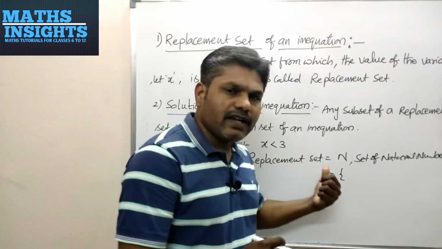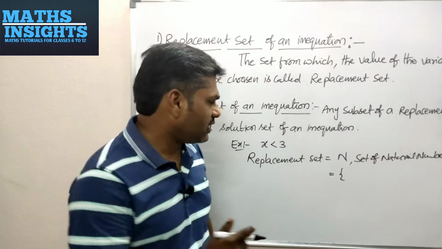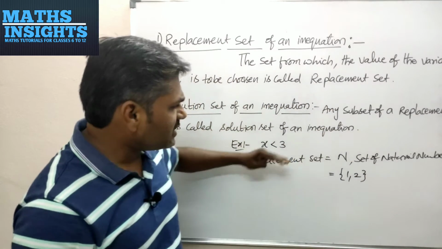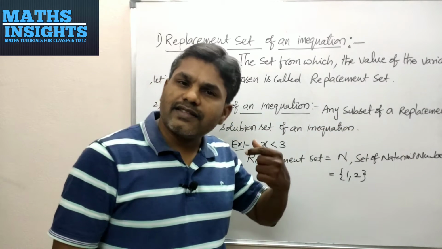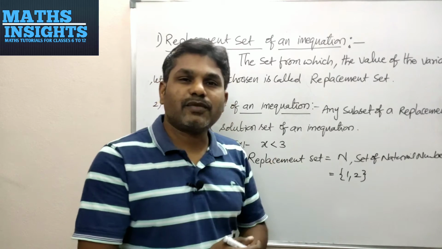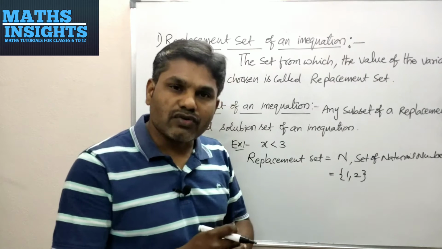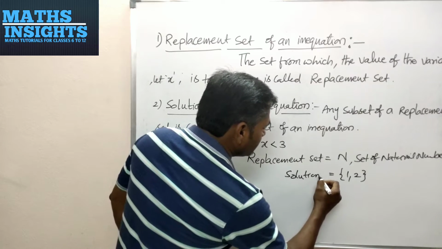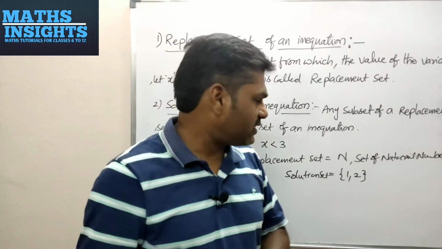For this set of natural numbers, the solution set will be only 1, 2. Whatever natural numbers satisfy this have to be taken into count. This is the solution set. What I said, the solution set is the subset of the replacement set.